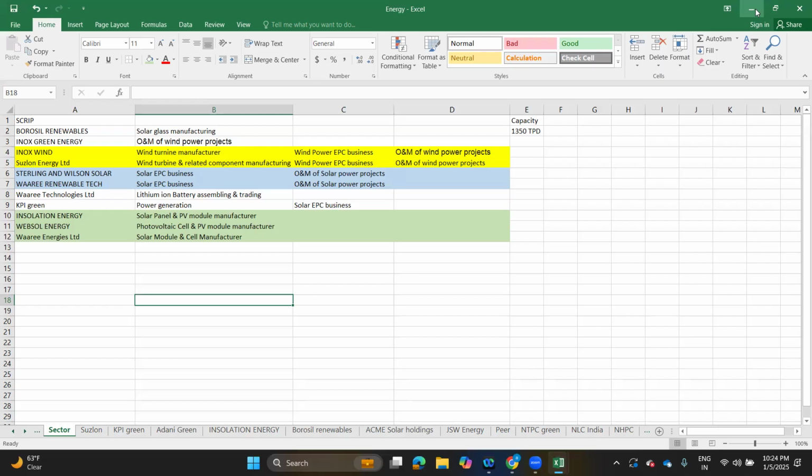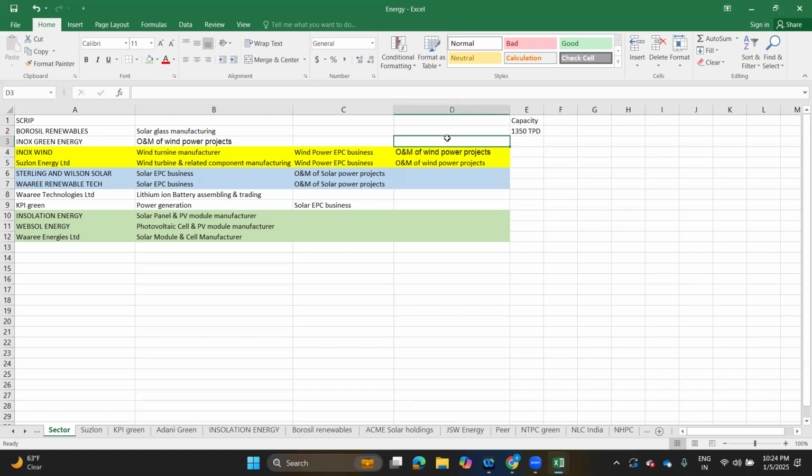So to get the correct picture, let's say we are targeting solar companies. For that, you must not compare a pure solar company with someone who is into thermal power generation, right? So the comparison must be peer to peer.